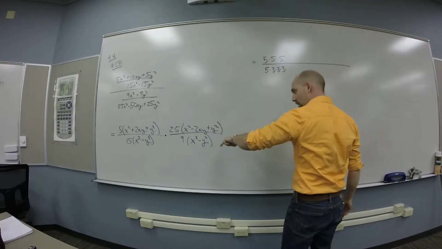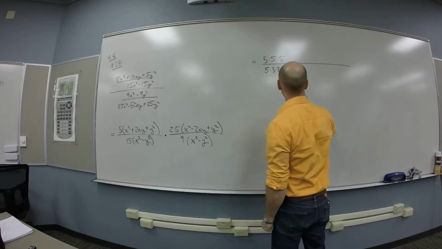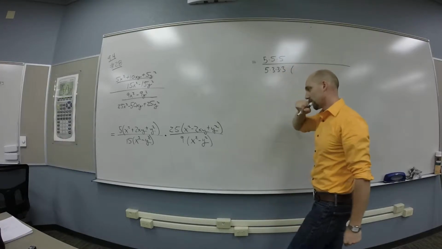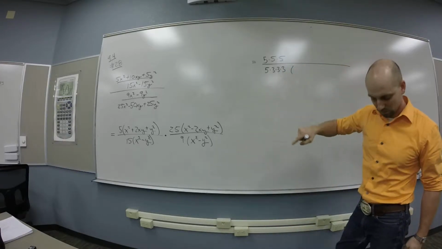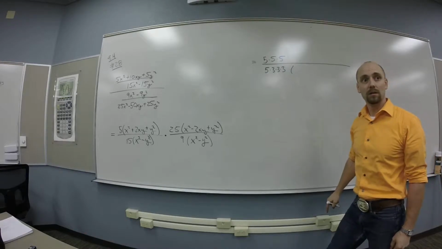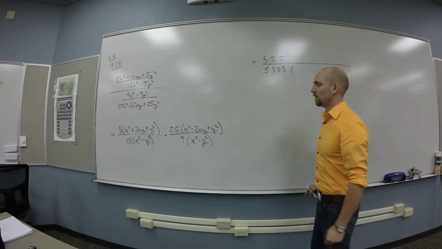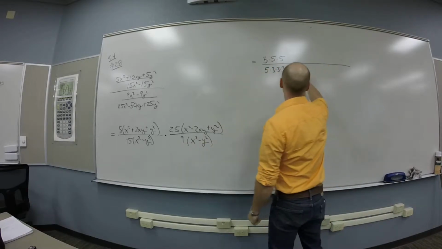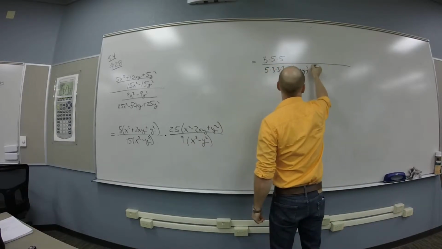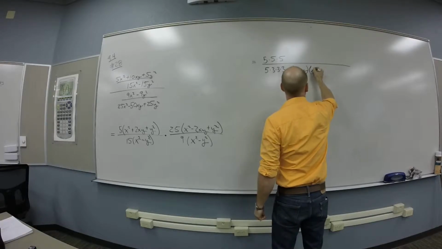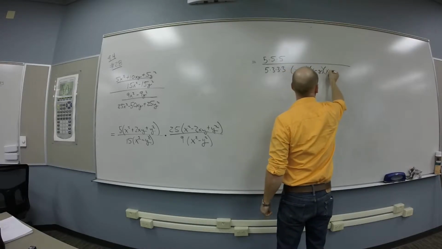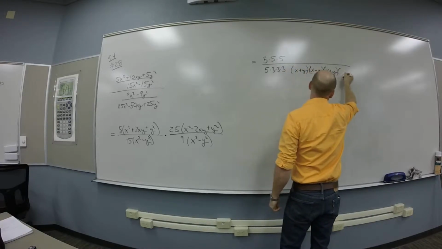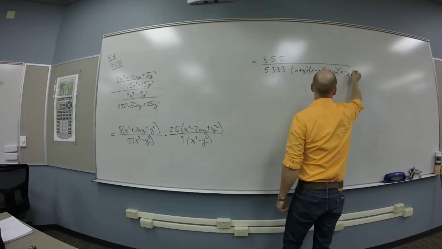Okay, so the bottom maybe is easiest. What do you see on the bottom? An x plus y quantity squared and then x minus y quantity squared. Yeah, you've got two differences of squares, right? So you get an x plus y, an x minus y, and then another set, which you could combine in a variety of ways.